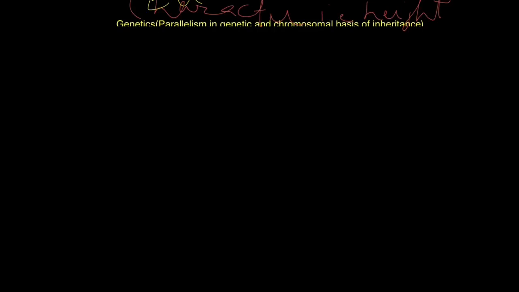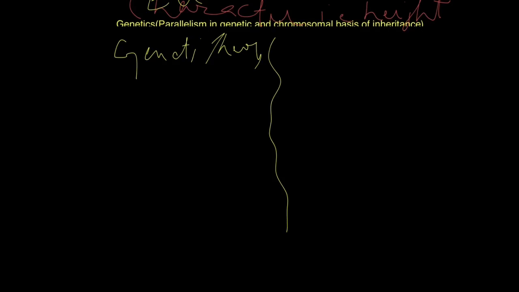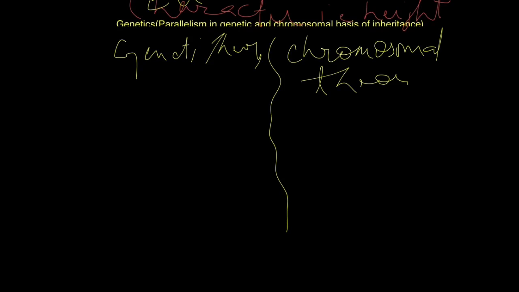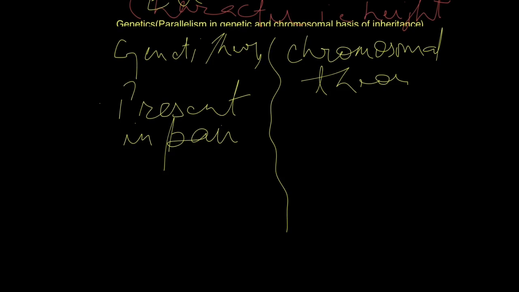Suppose we take two different theories, the genetic theory and the chromosomal theory. The first basic parallelism, or similarity, is that both of them are present in pairs.